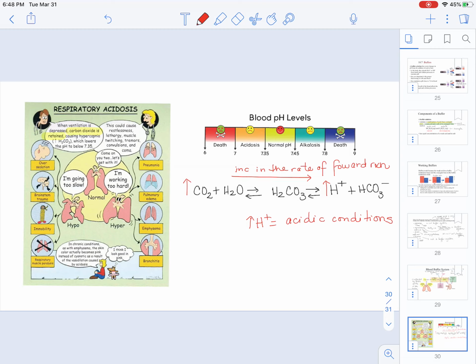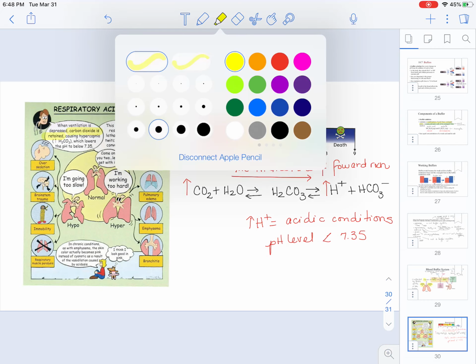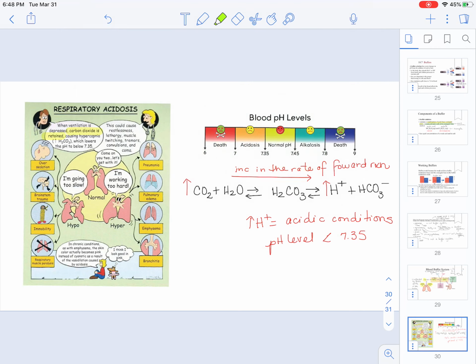So what that means is that the pH level will be lower than 7.35. So this increase that we see in the H plus concentration, because that relates to acidic conditions, that's why here we consider this effects in respiratory acidosis.